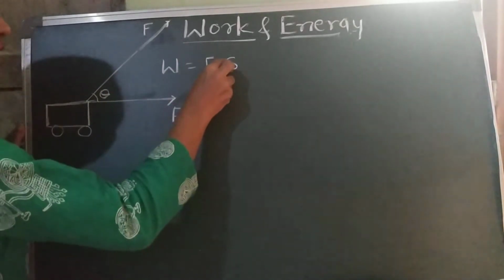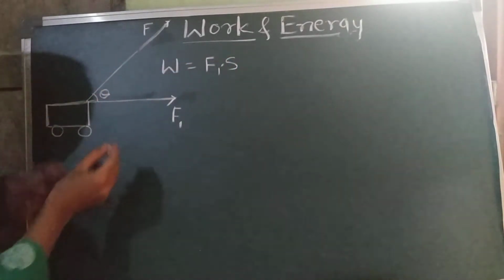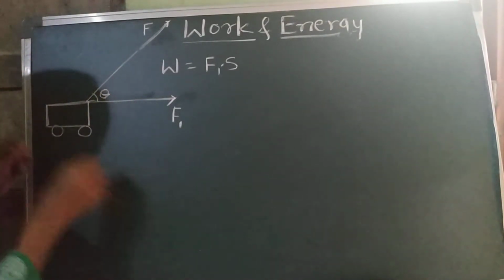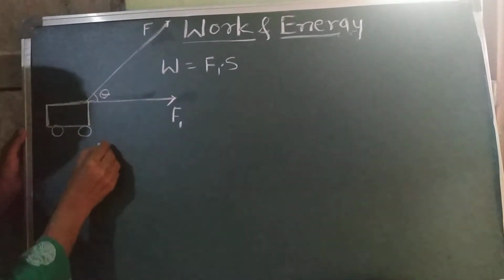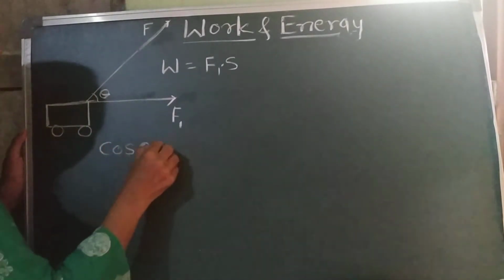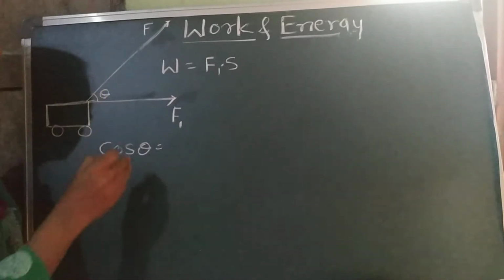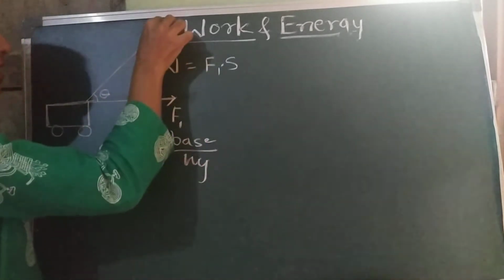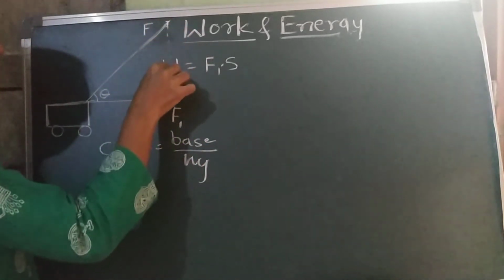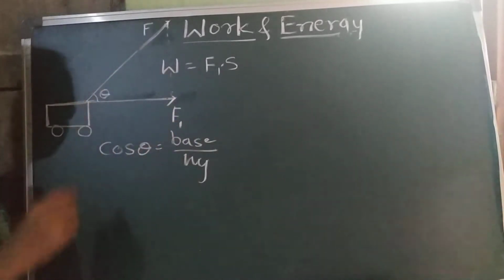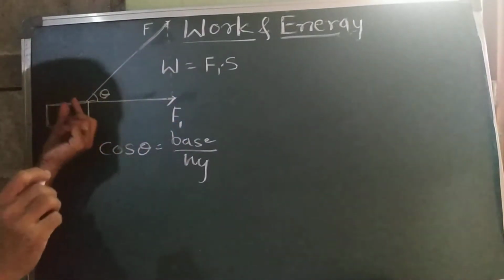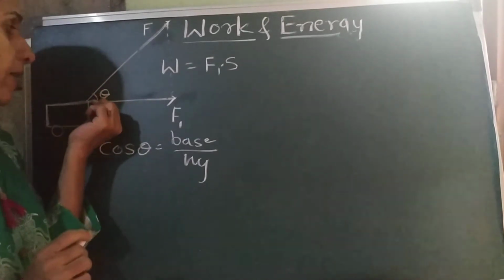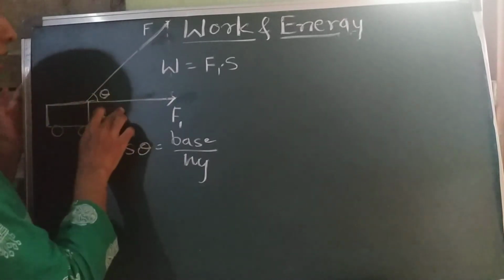But here the angle is formed. In trigonometry, we have sin theta and cos theta. We know that cos theta is equal to the base upon the hypotenuse, supposing it is a right angle triangle. If we draw this as the height, this is the hypotenuse.